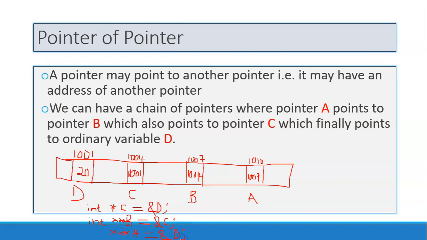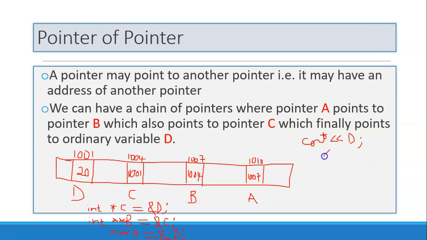To display the value, if we have all these declarations and d was given the value 20, then we can display the value of d using any of these cout statements. Assume that these are cout statements. The first one, cout d, will give us 20.